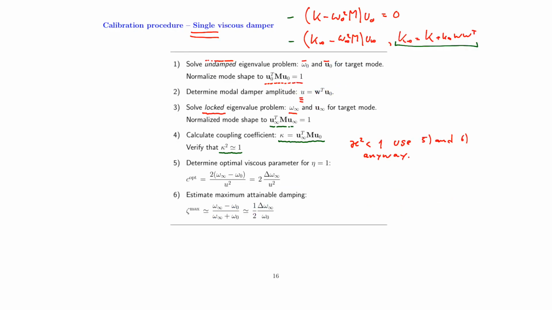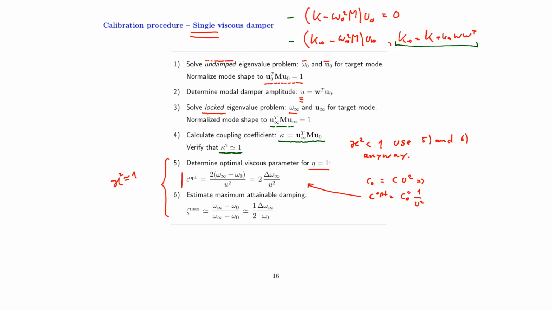However, for the case when kappa is engineering-wise close to unity, it's actually kappa squared that should be close to unity, then we know that the optimal calibration is eta equal to 1. That provides us with an expression for C, and remember that C0 in the slide was C times U squared, and that means that C optimal is equal to C0 optimum 1 divided by U squared, and that is actually the expression that we have given here in 5.